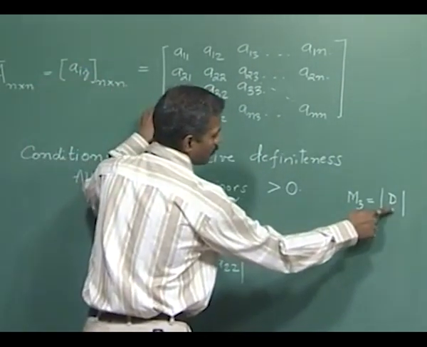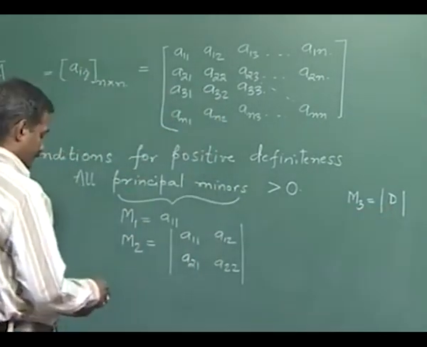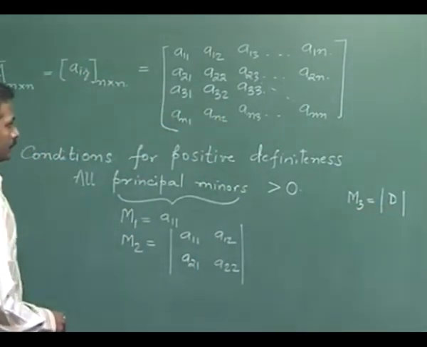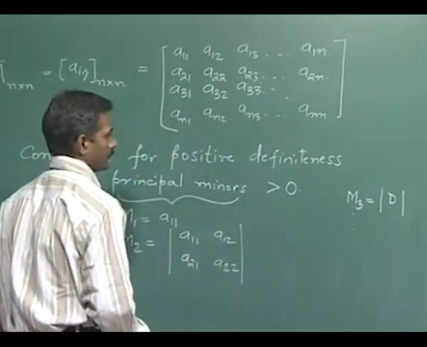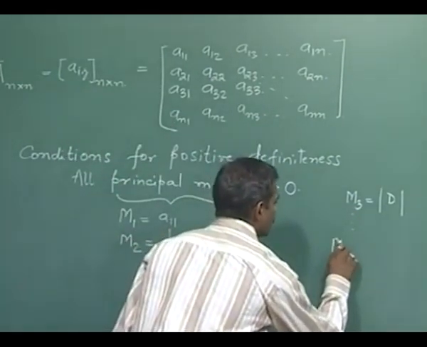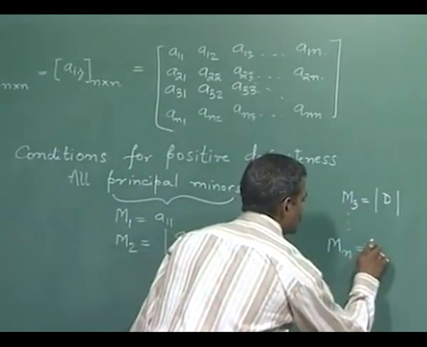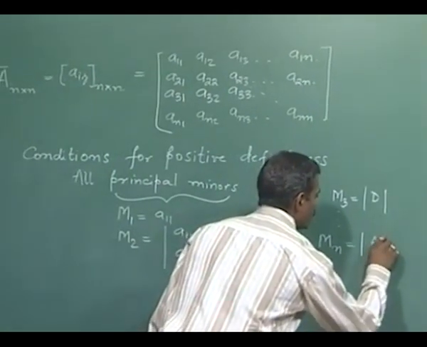In short, it's written as D here. We can continue until the last principal minor, Mn, which is the determinant of the matrix itself.